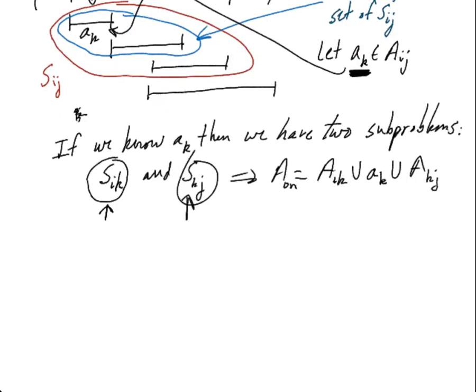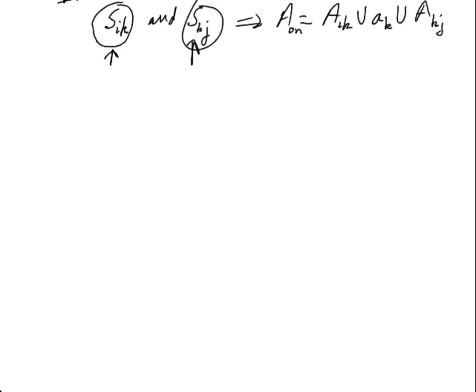So how would that look in dynamic programming? It might look something like this. Here, let's just do pseudocode for activity.